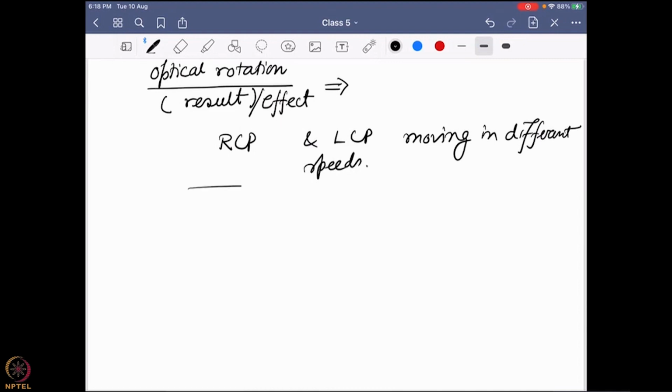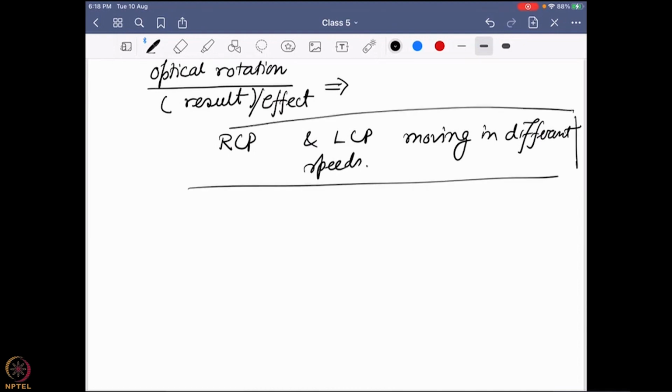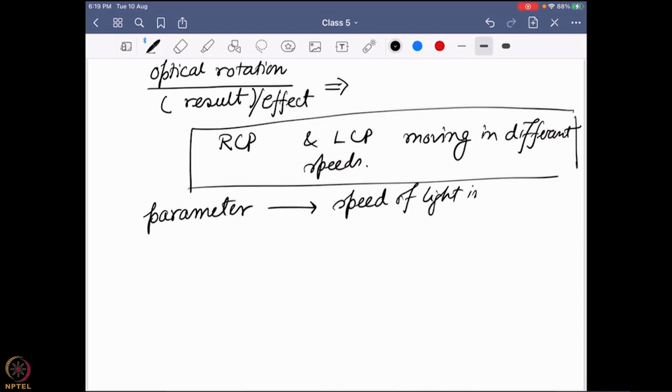Now, can anyone tell me a physical parameter that actually relates to the speed of light in a medium? The refractive index. Yes. Very nice, Orko. It is the refractive index. Yes, that is true.